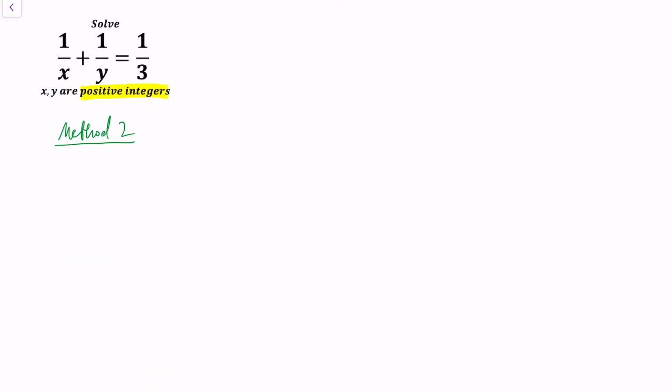Now let's solve it with another method, and that would be, let's rearrange it. 1 over x is equal to 1 over 3 minus 1 over y, which is equal to y minus 3 over 3y, implying x is equal to 3y over y minus 3.